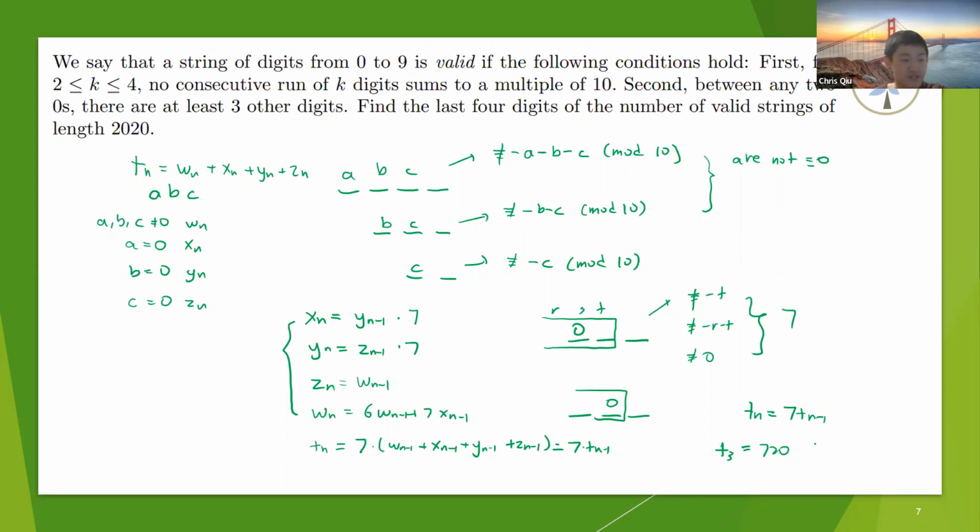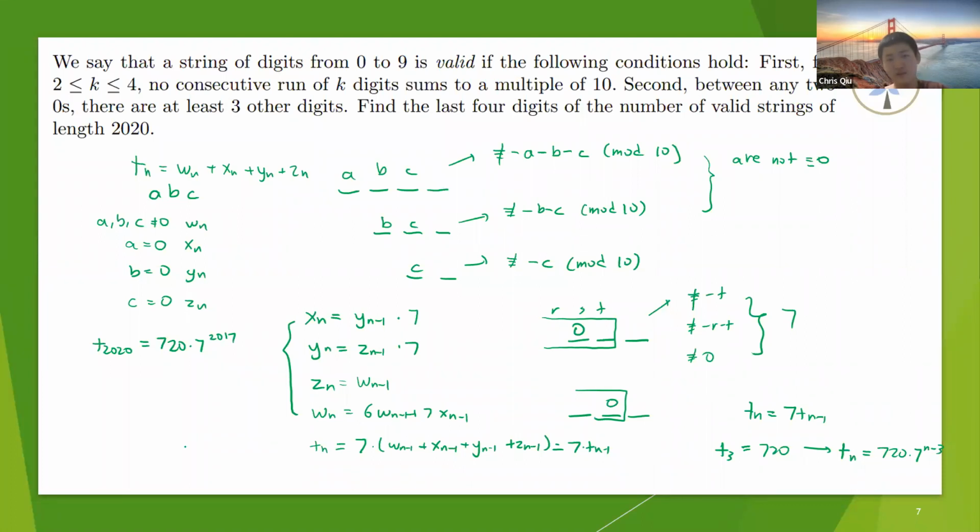And so plugging this into our equation, we get that by way of geometric sequences, T n is equal to 720 times 7 to the power of n minus 3. And so by plugging 2020 in for our n in this equation, we find that T of 2020, which is what we want to find, is equal to 720 times 7 to the power of 2017.